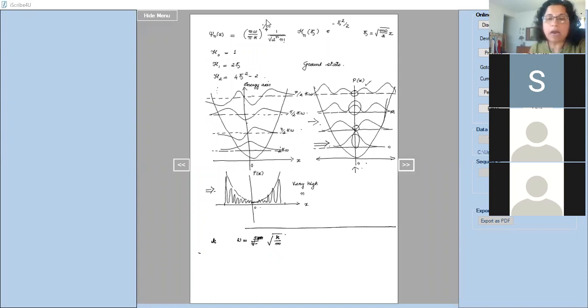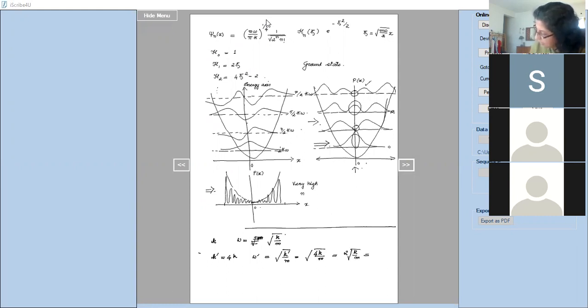Now what is happening is that this k is going to some k prime which is equal to 4 times k. So your omega prime is going to be nothing but root of k prime by m, which is going to be essentially root of 4k by m, which is essentially going to be 2 root of k by m.